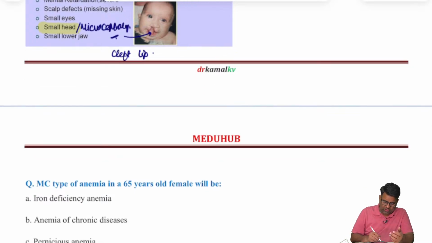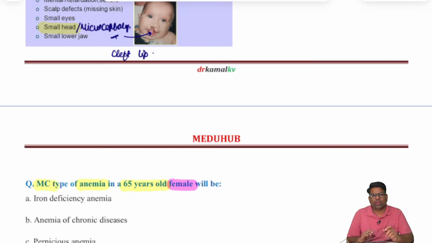Now, a next question, and here no other clues were given. It is just the most common type of anemia was asked in a 65 year old female. And see, there are two ways in which you can answer this question. If you don't know the answer, it is always said to go with the commoner condition.